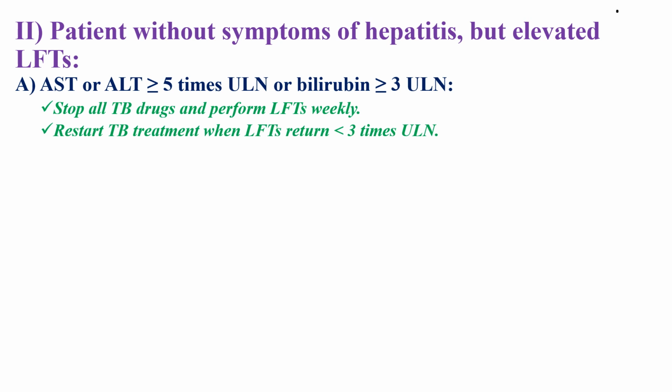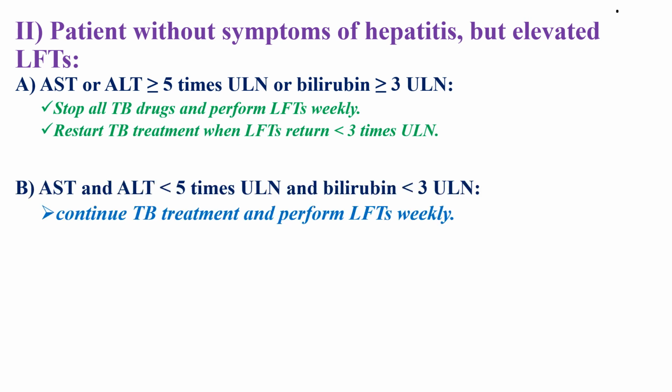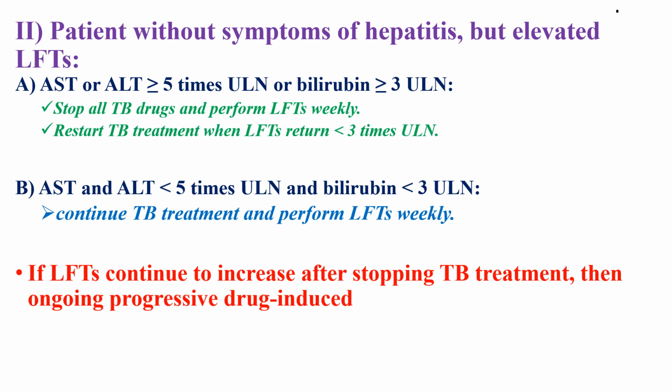Restart TB treatment when liver function tests return to less than 3 times the upper limit of normal. If AST and ALT are less than 5 times the upper limit of normal and the bilirubin is less than 3 times the upper limit of normal, continue TB treatment and perform liver function tests weekly. If liver function tests continue to increase after stopping TB treatment, then ongoing progressive drug-induced hepatitis should be accepted.